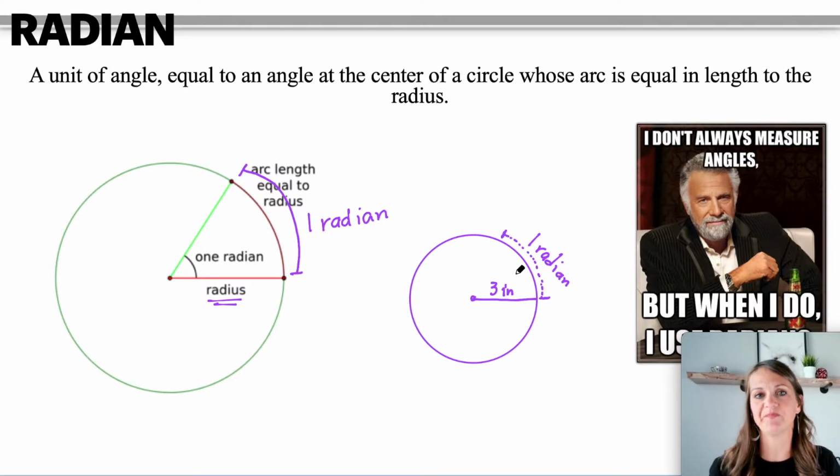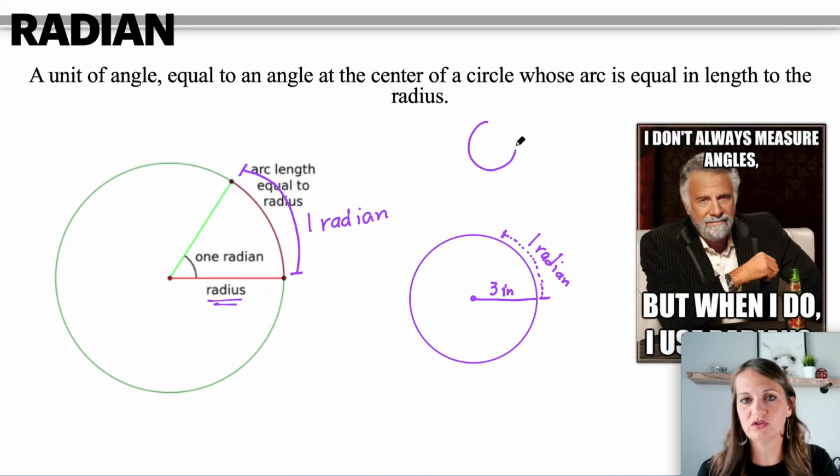So a radian is a unit of an angle just like a degree is, but it is very specific. If a circle is small and you only had 1.5 inches as a radius, then you're only wrapping 1.5 inches around.